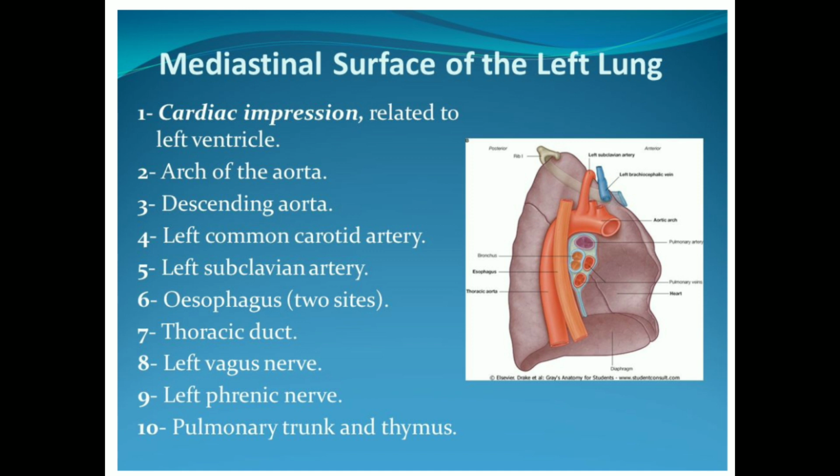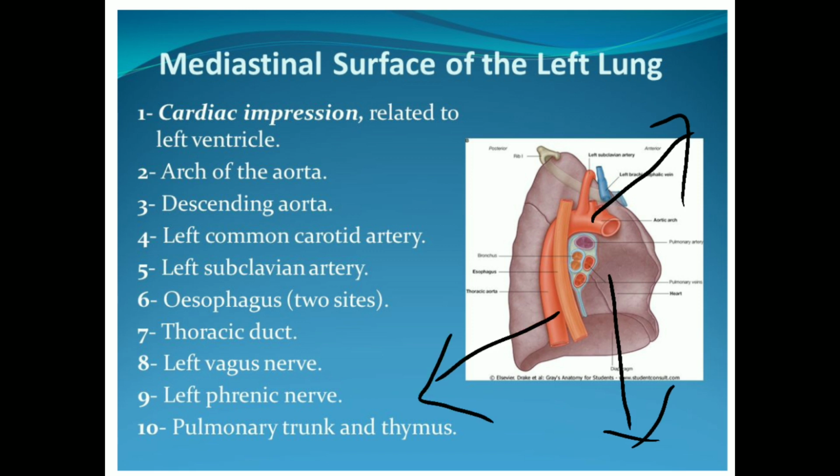Okay, now next we look into the mediastinal surface of the left lung. So the mediastinal surface of the left lung consists of cardiac impression related to left ventricle. Then comes the arch of aorta. Arch of aorta will continue further as a descending thoracic aorta.